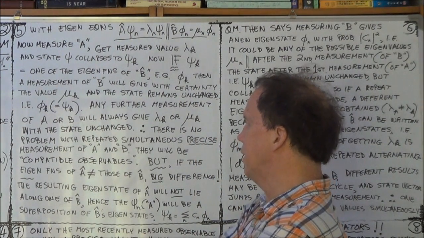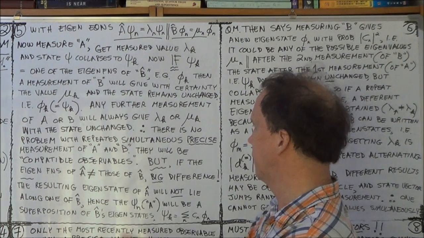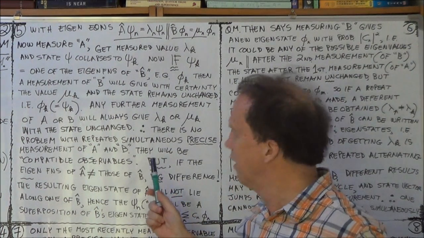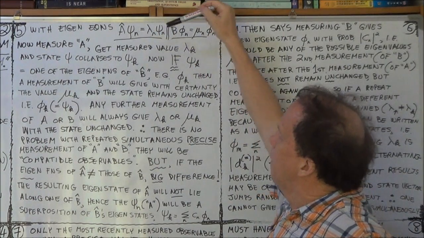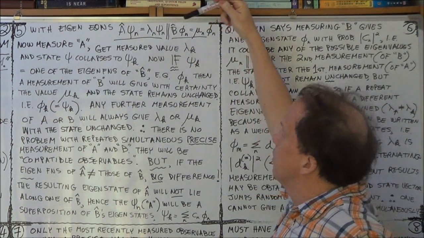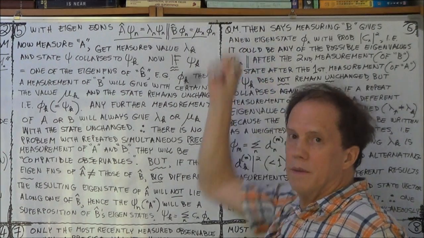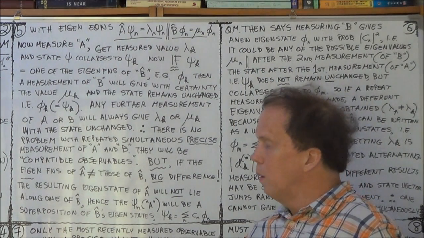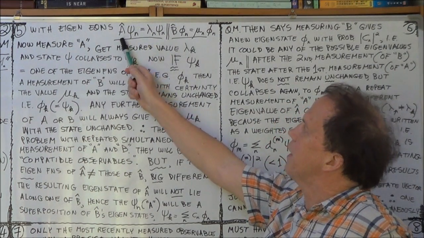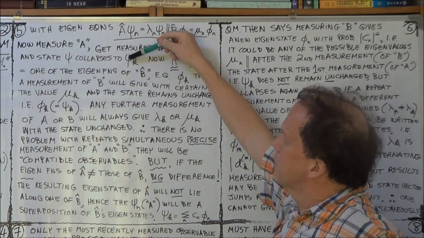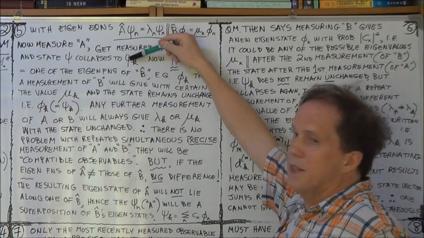All right. Now the other case. What happens when the eigenstate that you get for A is not equal to one of the eigenstates for B? What happens then? So you've measured A, and you've got this eigenstate psi k.